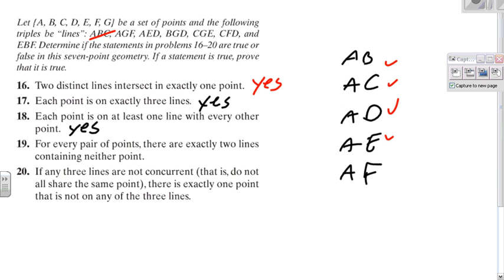Cross it out if it has either A or F. There's 2 that don't have it. That's what we're looking for. Take the AG pairing. And there's 2.